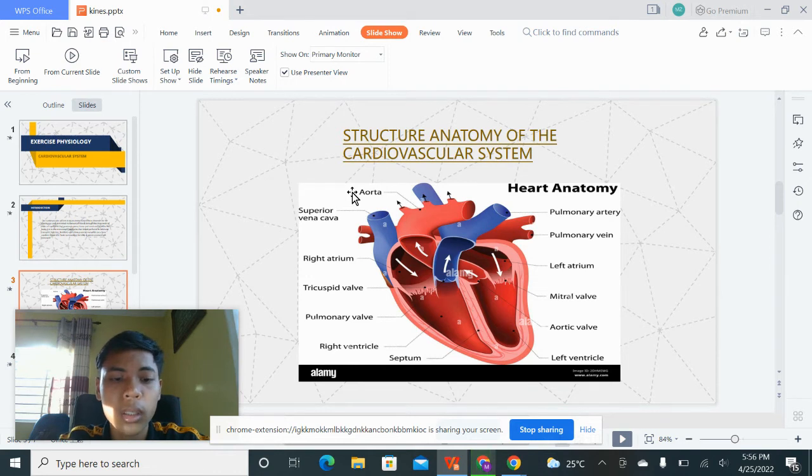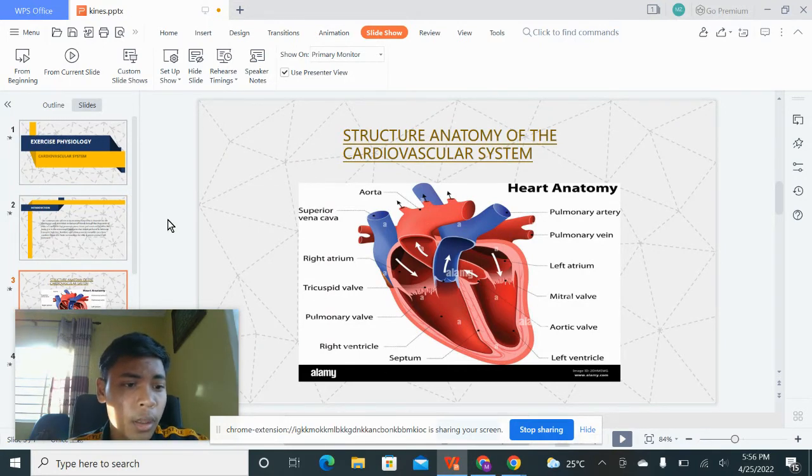Aorta is the main artery that carries blood away from your heart to the rest of your body. Next is septum. Septum separates the atria and ventricles in such a way that it forms a barrier between the heart chambers, and this prevents mixing of oxygenated and deoxygenated blood.